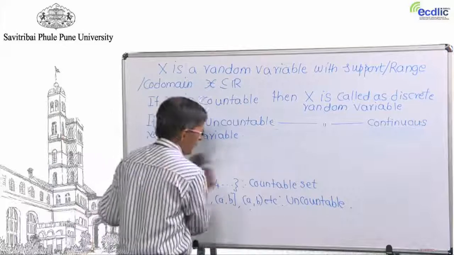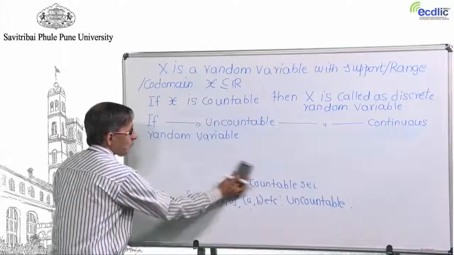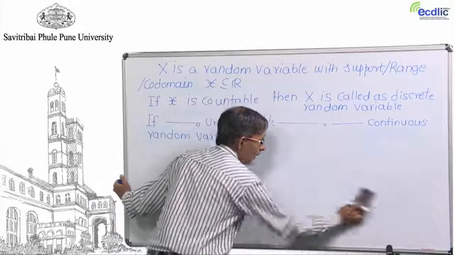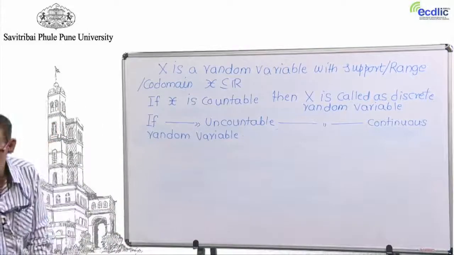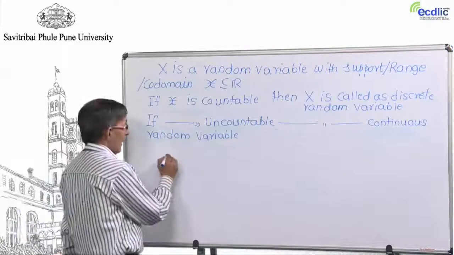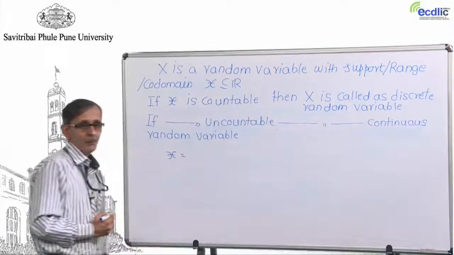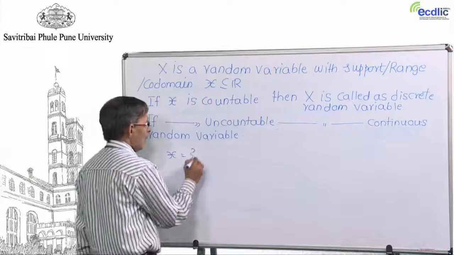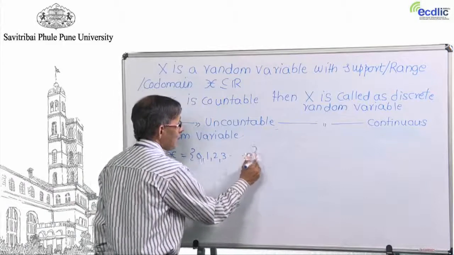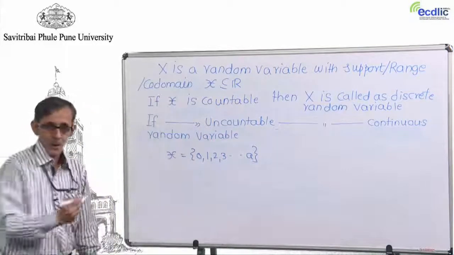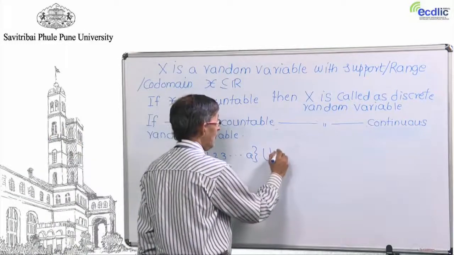Now, there are some situations which are more naughty, in the sense that you have X which is something like this: 0, 1, 2, 3 up to a certain point a, union an interval.